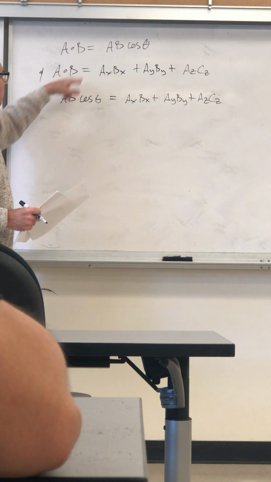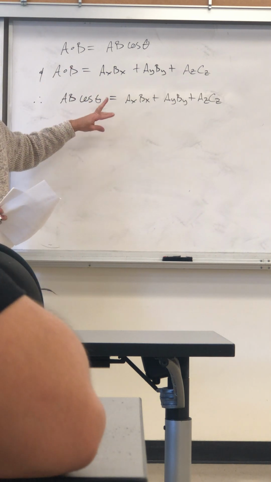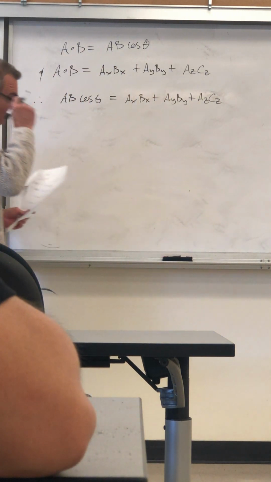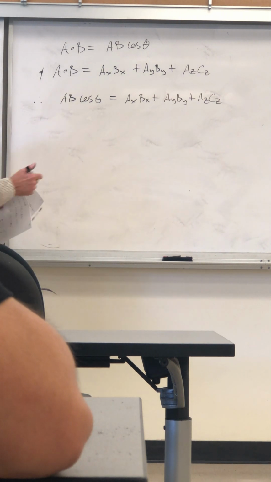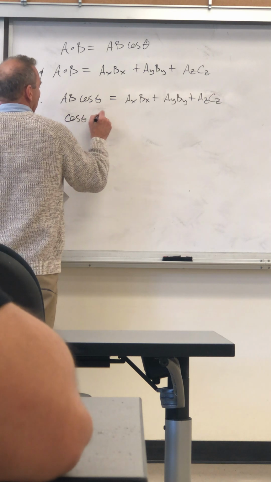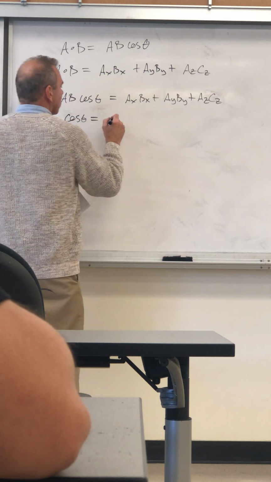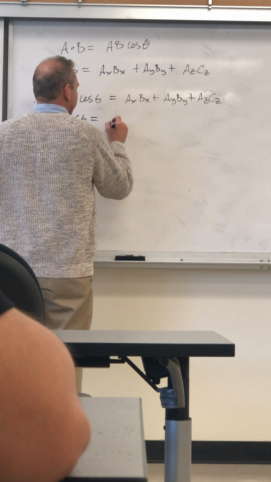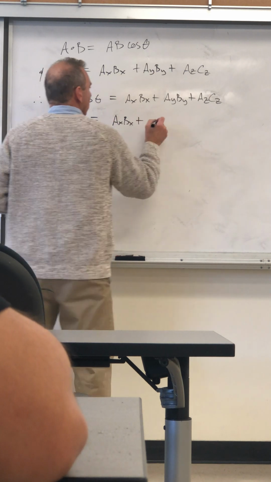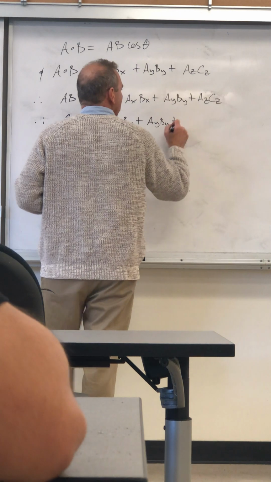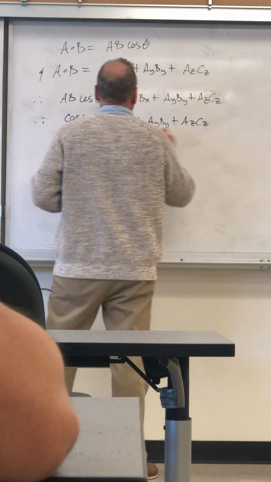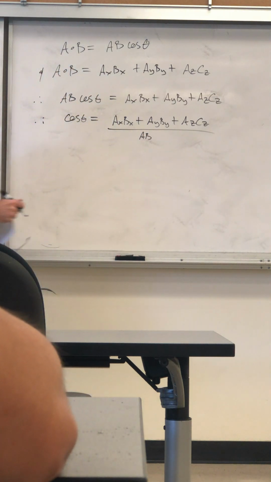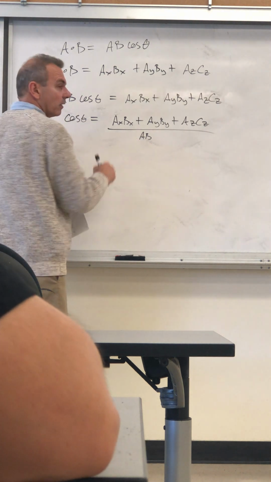So AB cosine theta, theta being the angle between the two vectors, is just AX BX plus AY BY plus AZ BZ. And this gives us the way we calculate the angle between the vectors. Hold on a second. So you get cosine of theta. You just divide this, so you have AX BX plus AY BY plus AZ BZ divided by AB. That's the angle. AB is just two magnitudes.